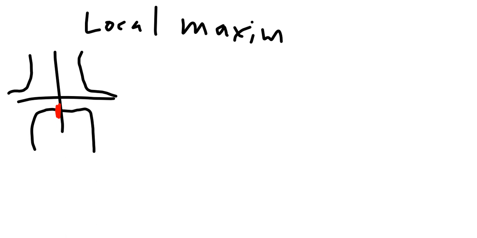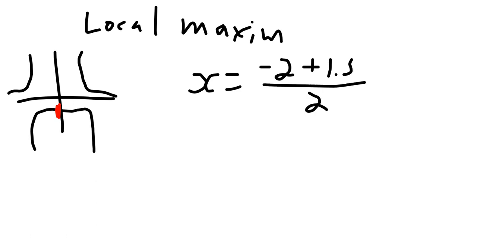So the local maximum is going to have an x value that is the halfway point between -2 and positive 1.5. So I'm going to average those two out. So the x location of my local maximum is going to be 1.5 minus 2, which is -1/2, divided by 2, -1/4. -0.25. That's the x value of my local maximum.